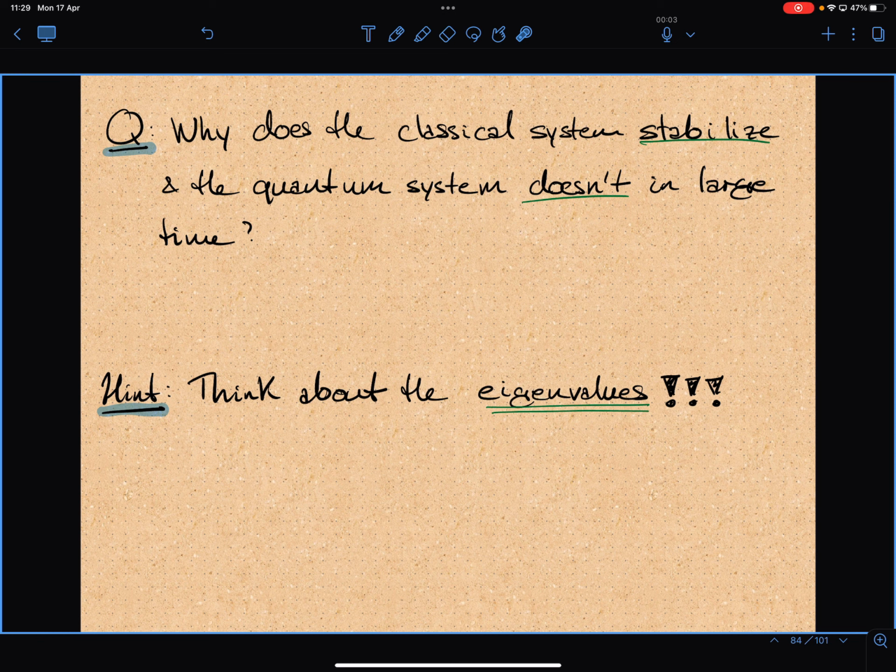And what's leading to this difference? This is just a question to think about throughout the lecture. A hint is to think about the eigenvalues and try to figure it out that way. I think that's one way to see why these two things are different. But this is something that I'll let you think about.